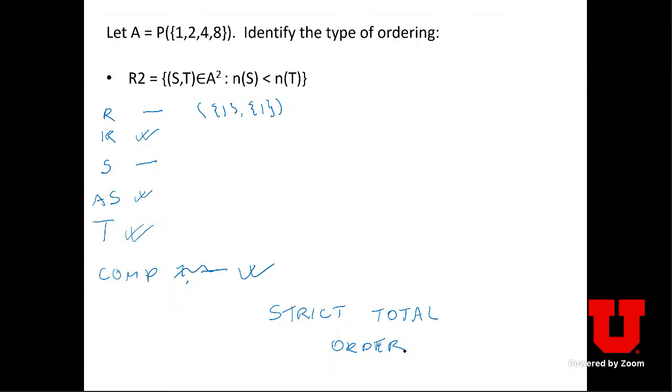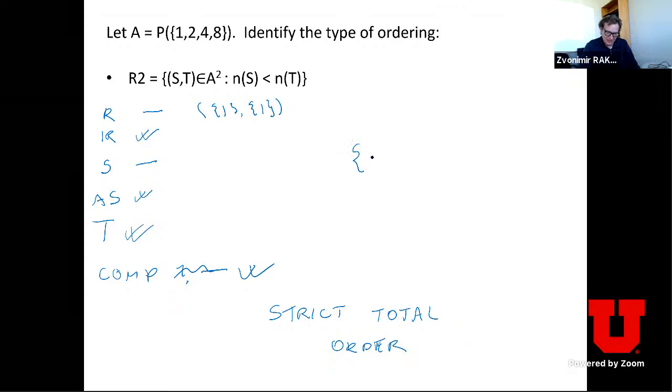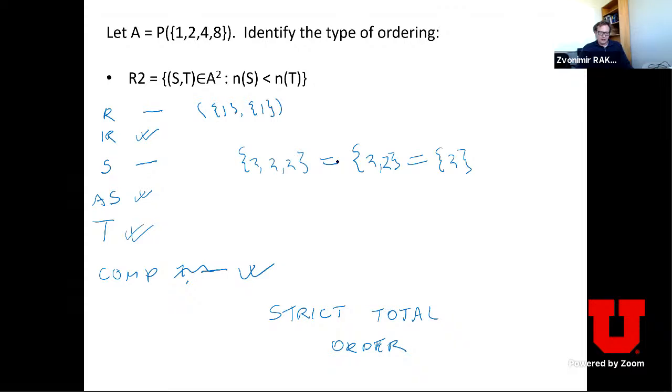How would this problem change if there were duplicates in the set A? Good question. It wouldn't change at all because a set cannot have duplicates. That's something that people often stumble on. So this set is the same as this set, and it's the same as this one.